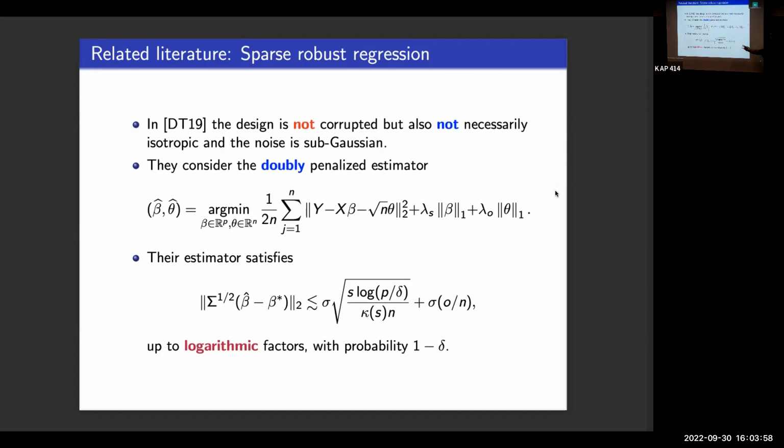To think that this very simple program, a very easy convex problem to solve, can lead to an optimal result, even under the probably strong assumption that the design is sub-Gaussian, was still surprising. I don't know for you, but I thought it was surprising at first to think that this would be optimal. What about the coupling of S?